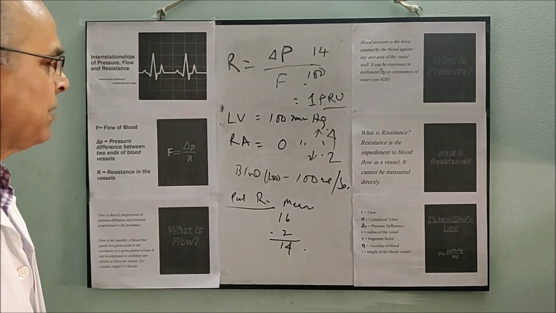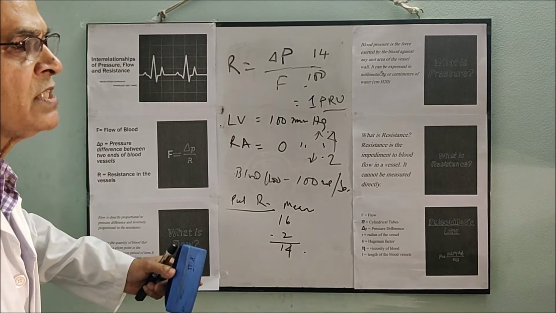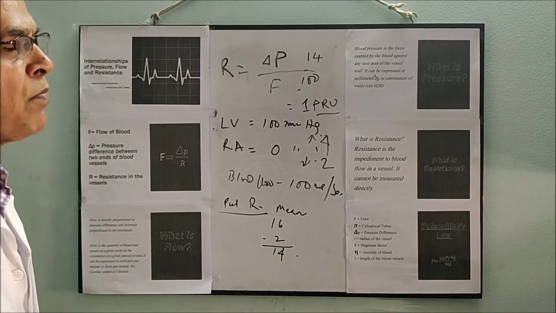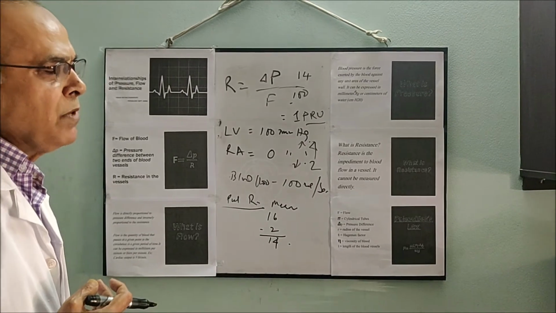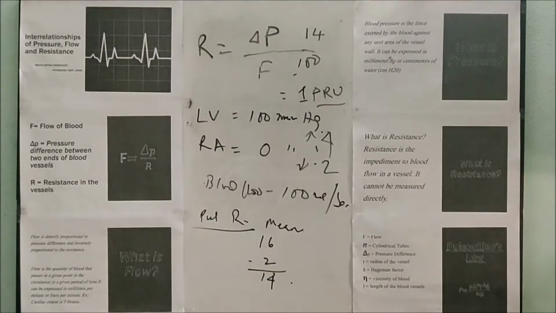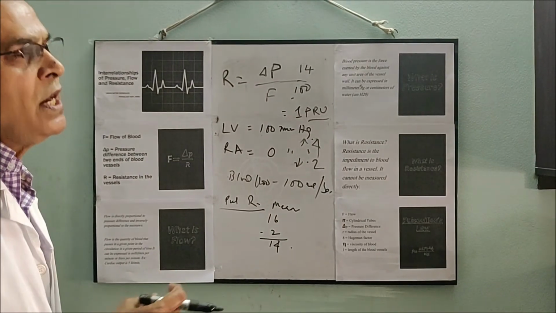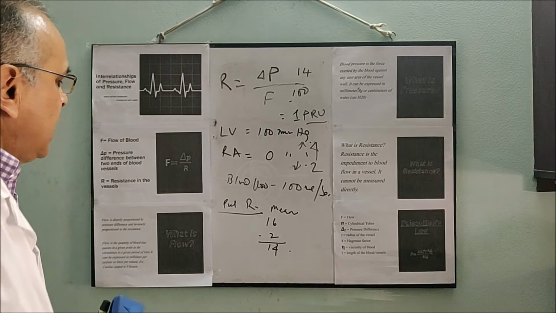Another difference: the systemic circulation is the greater circulation, from the left ventricle up to the right atrium. The pulmonary circulation is the lesser circulation. It is from the right ventricle to the left atrium.